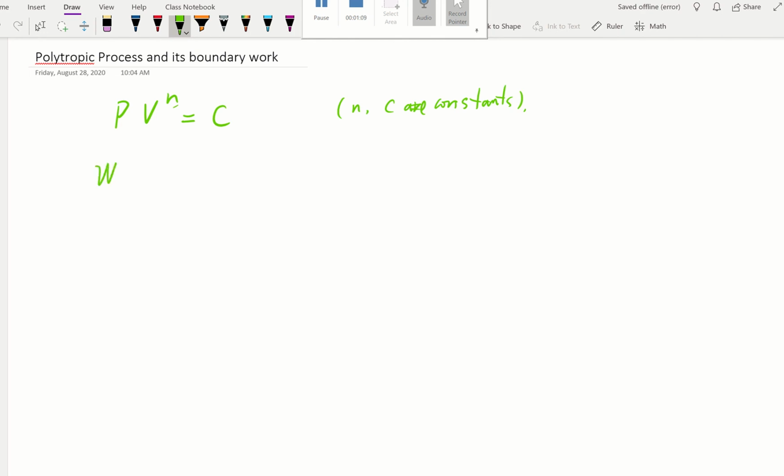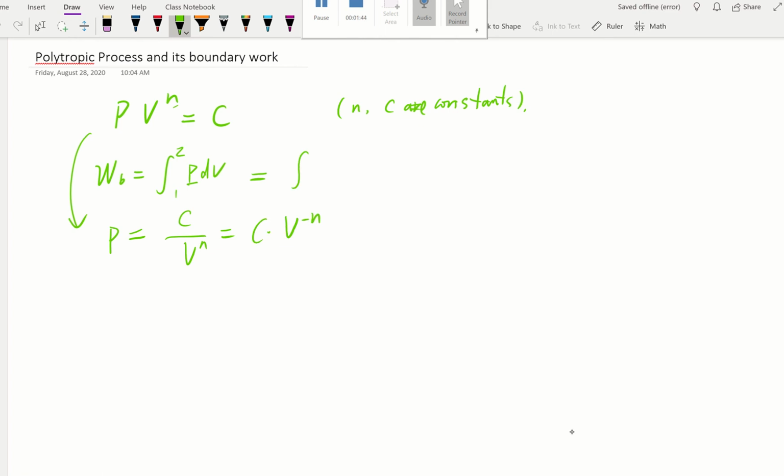So now let's look at the boundary work for a polytropic process. We want to find the formula for that. We start with the governing equation, which is the integral of P dV from state 1 to state 2. Then, just like how we did for the ideal gas isothermal process, we substitute for P. Because it is a polytropic process, they follow this relationship, so pressure is equal to C over V^n, which is C times V to the negative n.